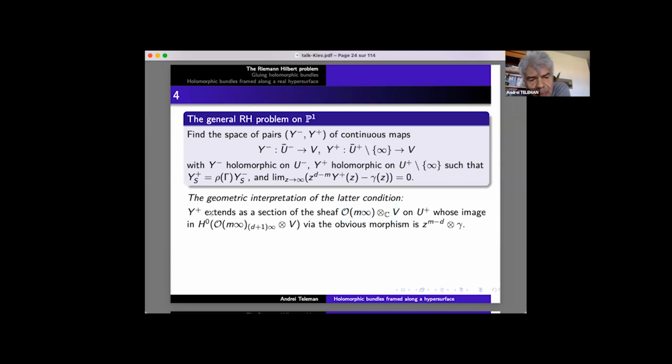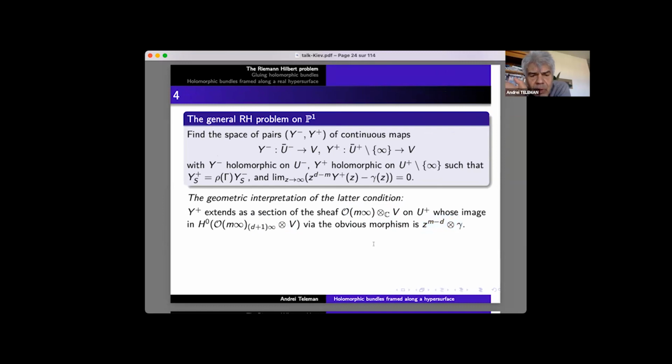So Y plus extends as a section in this locally free sheaf, whose image in the non-reduced complex space, d plus 1 infinity with multiplicity d plus 1, via the obvious isomorphism is precisely the element in this H0 space associated to gamma in a natural way.